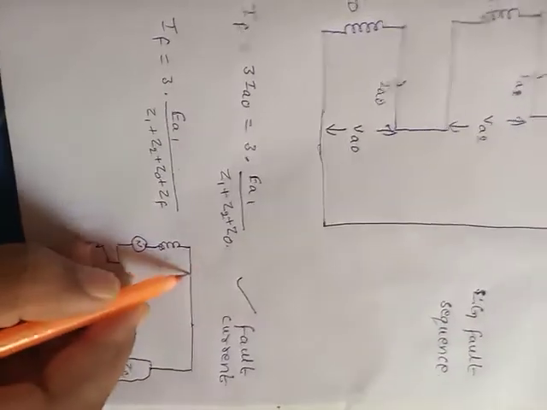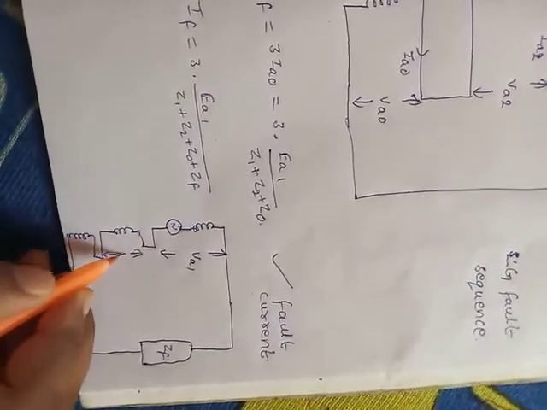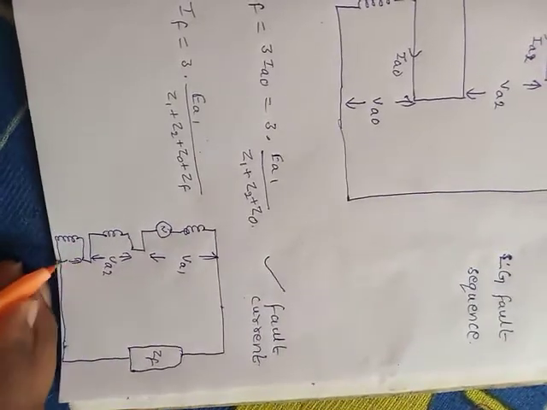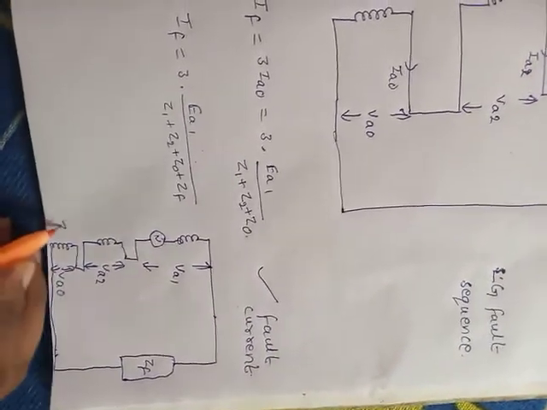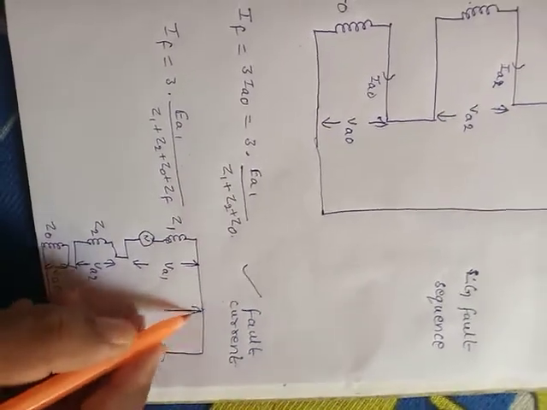This is ZF, this is Va1, this is Va2, this is Va0, this is Z0, Z2, Z1.